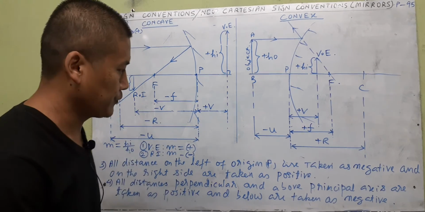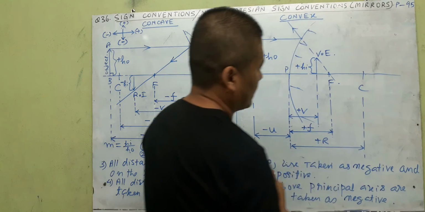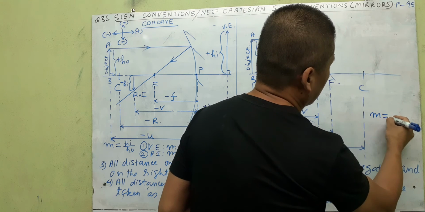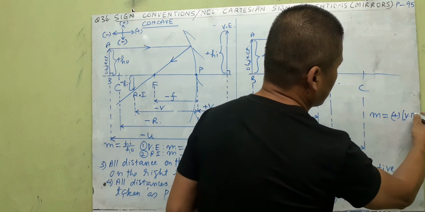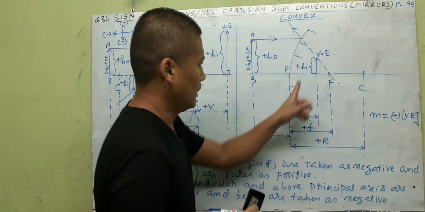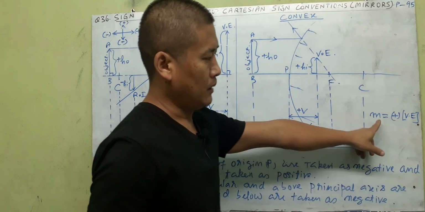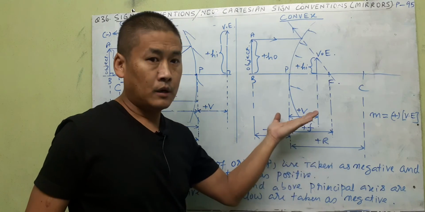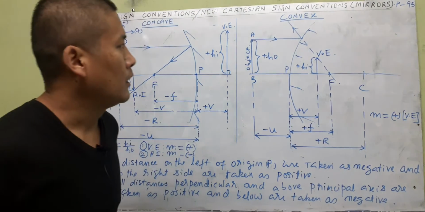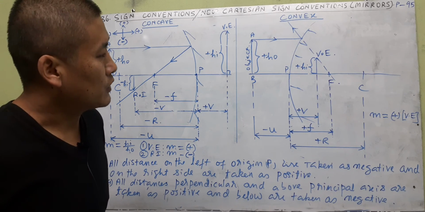Okay, so here, M value will be only plus for convex, because it forms only virtual erect. See here, HI plus, HO plus. M can never be minus, because a convex mirror does not form a real inverted image. Okay, so those are the sign conventions that we need to keep in mind.